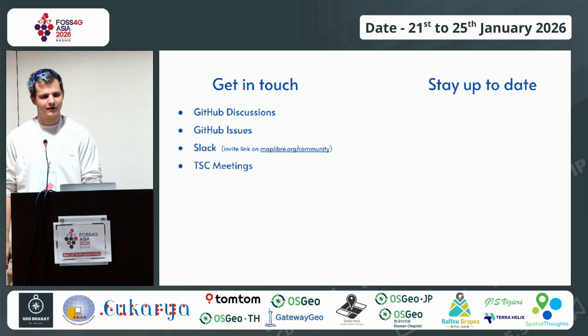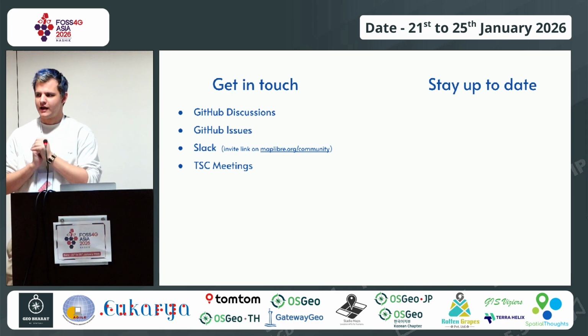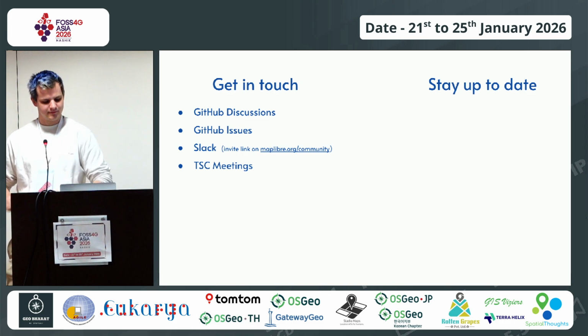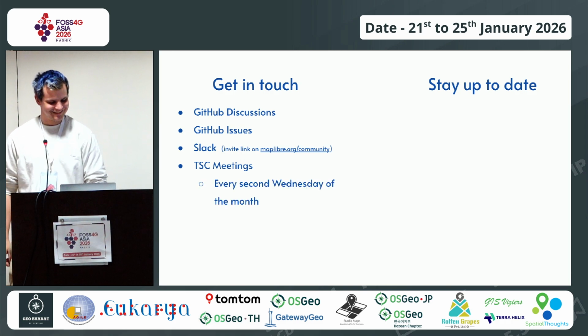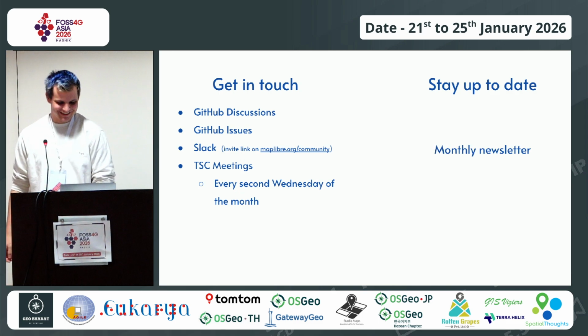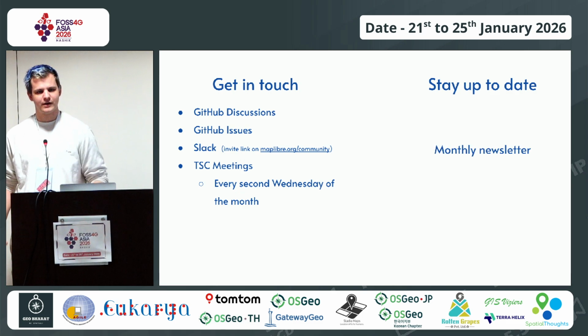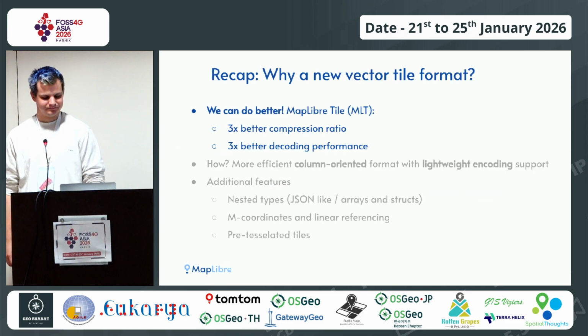And we have technical steering council meetings every second Wednesday, I think. We have a monthly newsletter which we send out either on LinkedIn or our website. You can subscribe to the RSS feed, and yeah.